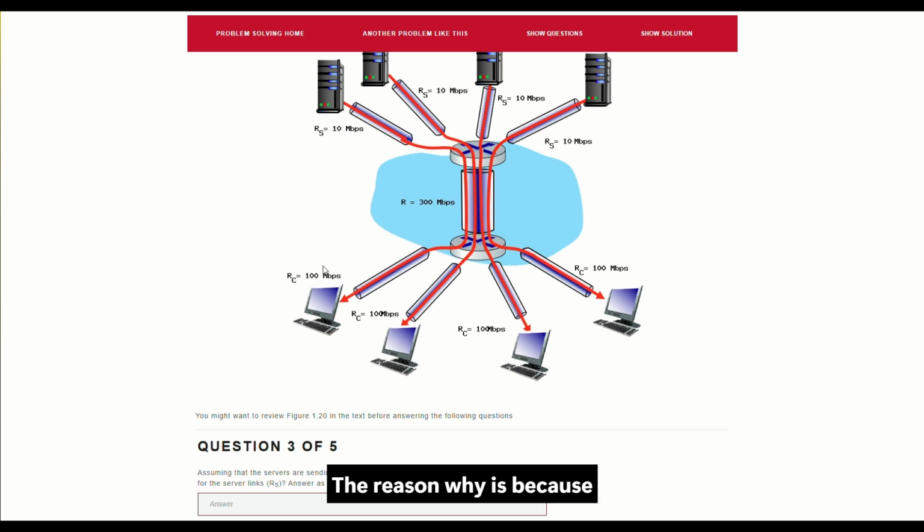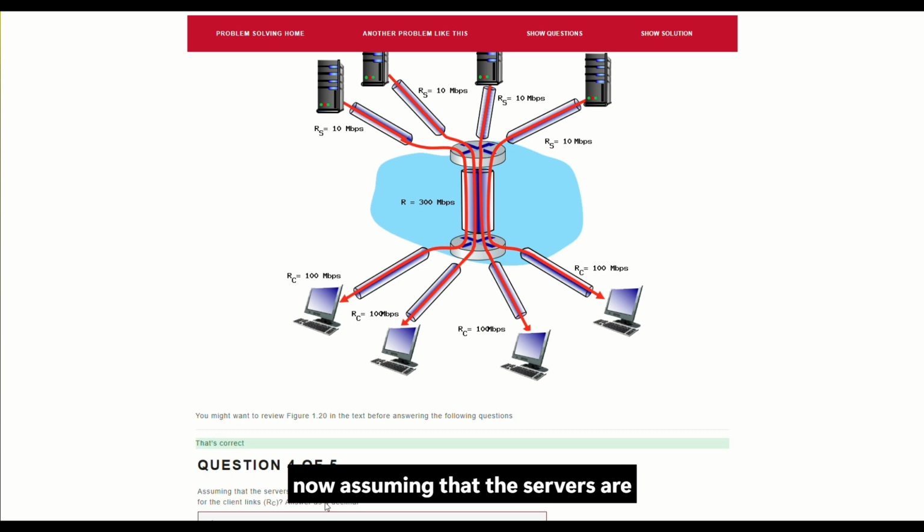The reason is that if RC has a bigger receiving rate than the sending rate from the server, it means the computer will receive everything the server sends. Meaning it's going to take everything at once.